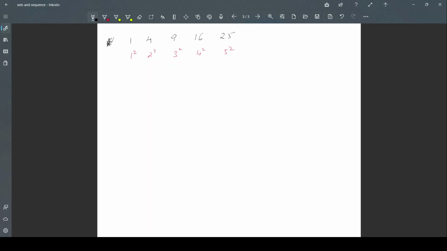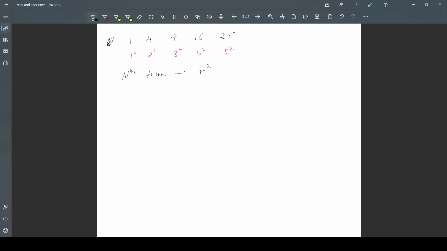So what will be the nth term for this one? It's very simple, it will be n square, right? Because if I put value of n as 1, then 1 square is 1, so first term I am getting. So value of the nth term will be equal to n square.